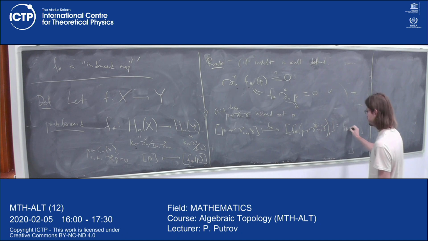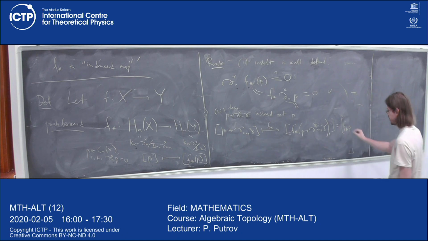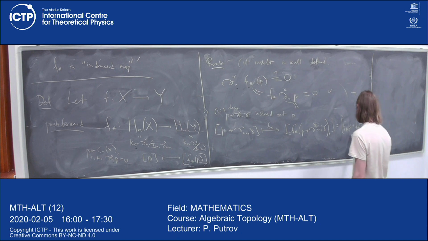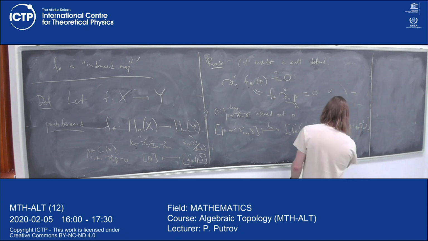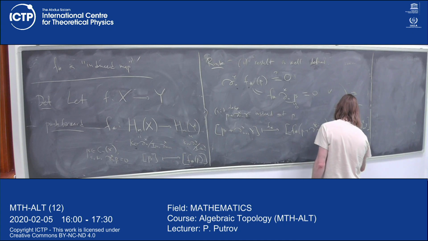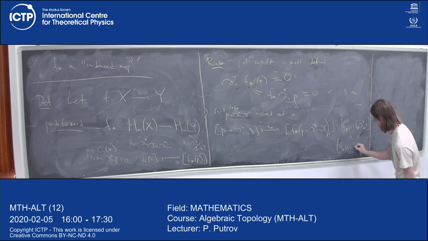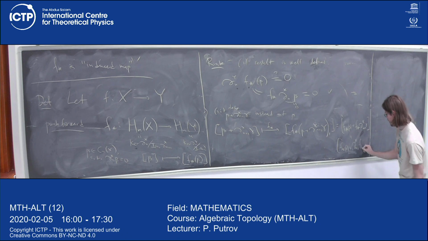This is the same as the class of F sharp. Using the fact that F sharp is a homomorphism, this is F sharp acting on beta plus F sharp acting on d_{n+1} gamma. And here again, using the previous proposition, I can commute F sharp and d, so this is the same as d_{n+1} on Y of F sharp acting on gamma.